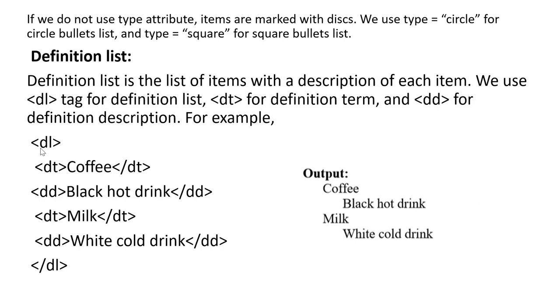For example, a coffee term in DT, and DD for its description. This example produces the output: coffee, black hot; tea; milk, white cold drink. Okay.